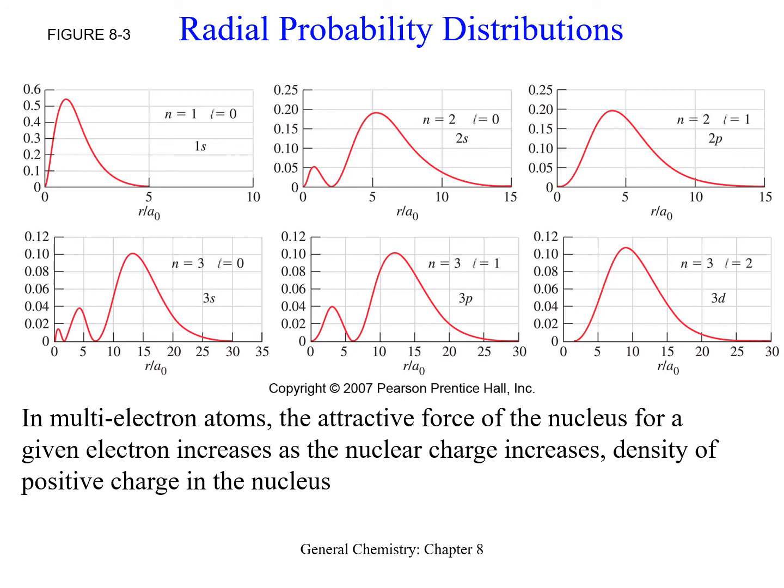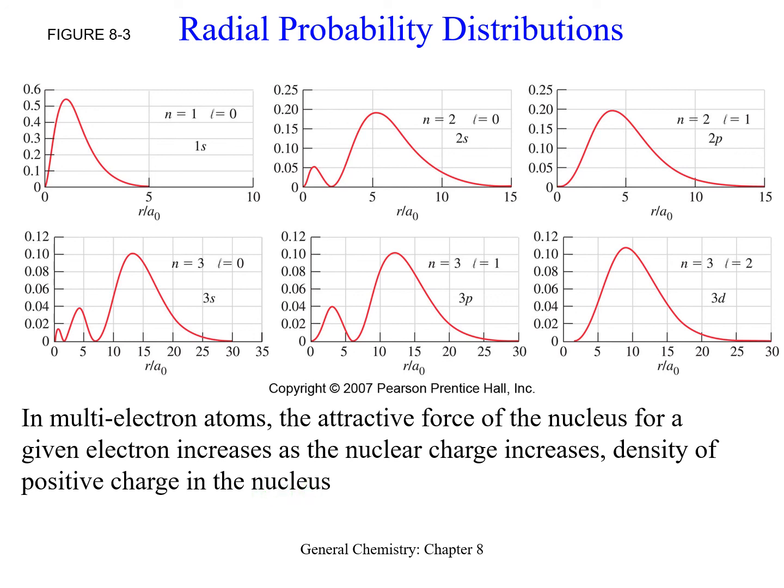And when that happens, the density of positive charge increases. Let's look at boron, which has 5 protons in its nucleus, second quantum shell. Carbon has 6 protons in its nucleus, and so carbon has a greater density of positive charge in its nucleus than does boron.